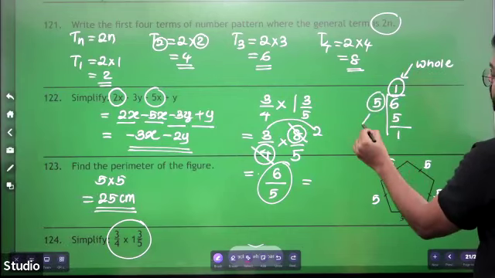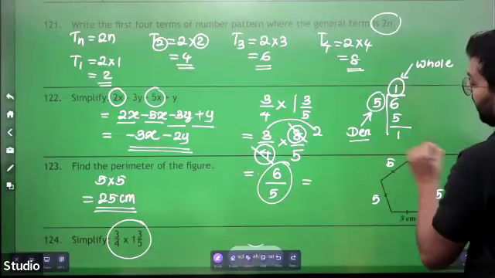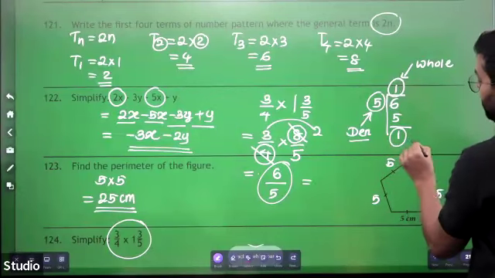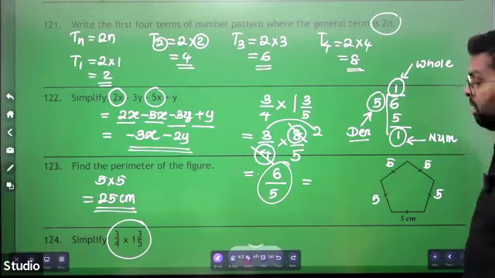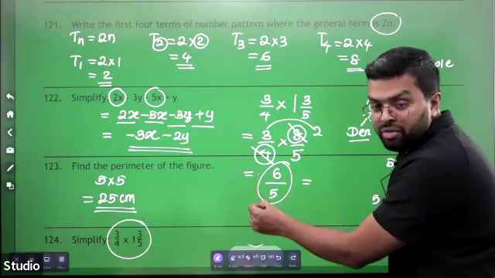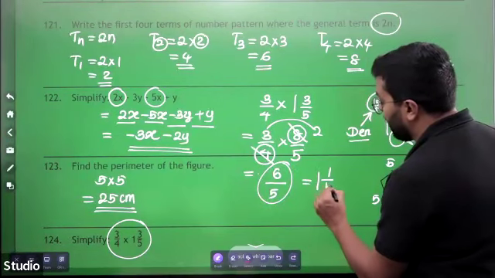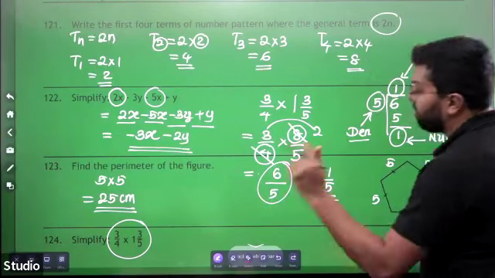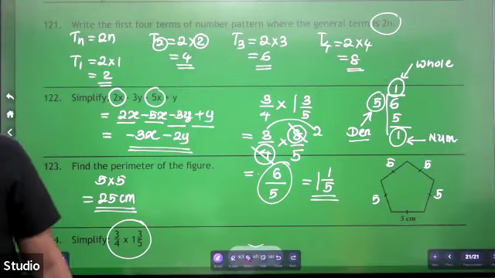This number 5 which we are using will be the denominator of the fraction part. The remainder 1 will be the numerator of the fraction. So if you write this improper fraction as a mixed number, the answer is 1 and 1 over 5.